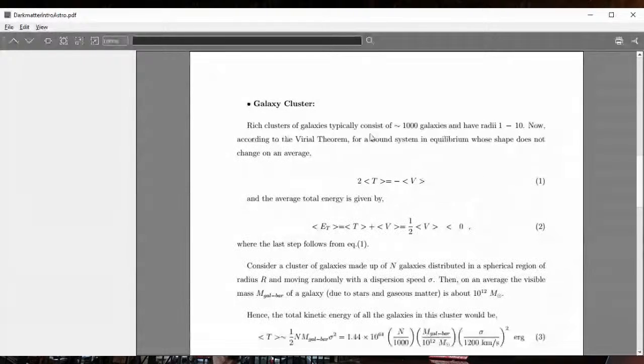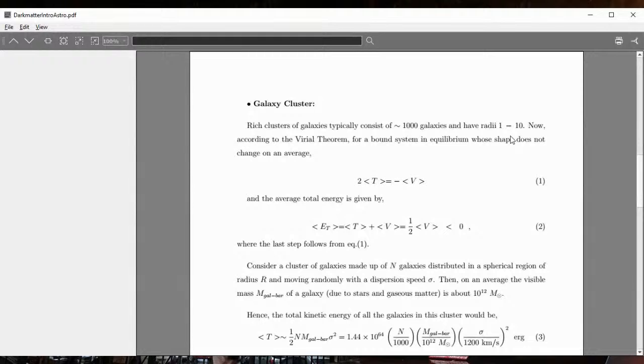So let's consider the rich Abell clusters of galaxies. And typically, a rich cluster contains 1,000 galaxies, and the radius of such a cluster lies between 1 megaparsec to 10 megaparsec. Oh, I made a typo here. The megaparsec is missing. So typically, the size of a rich cluster of galaxies is between 1 megaparsec and 10 megaparsec.